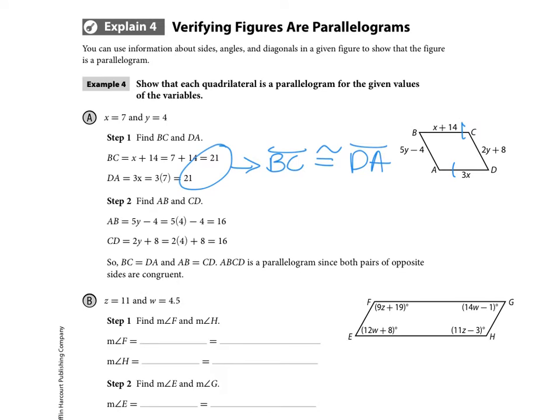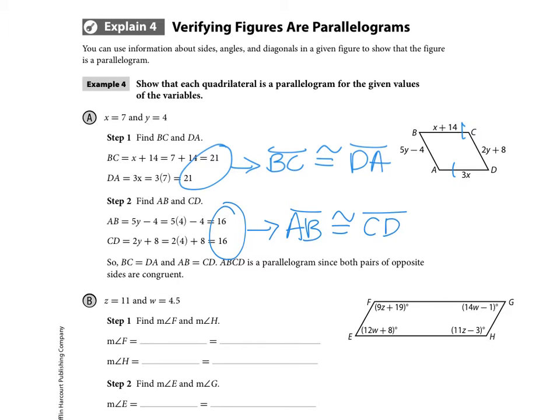And CD, when we plug in 4 for y, is 2 times 4, which is 8, plus another 8, which is also 16. So what does this tell us? This tells us that those opposite sides, AB and CD, are congruent. And so we know that both pairs of opposite sides are congruent, which is one way of showing that a quadrilateral is a parallelogram. So we have already verified this for example A.